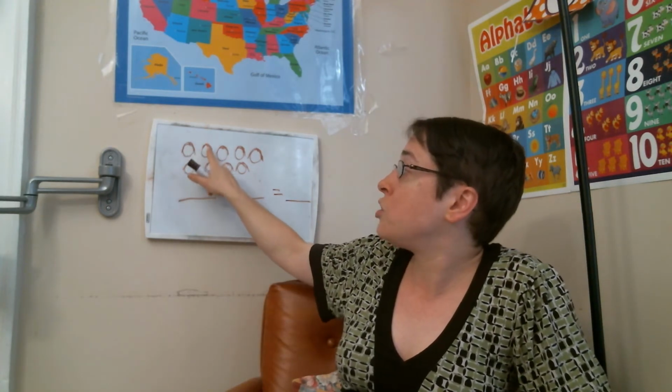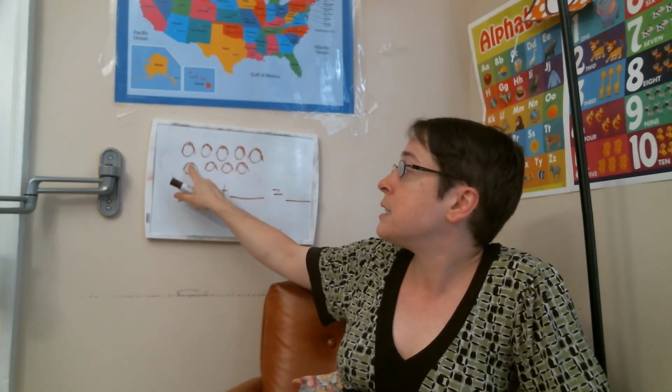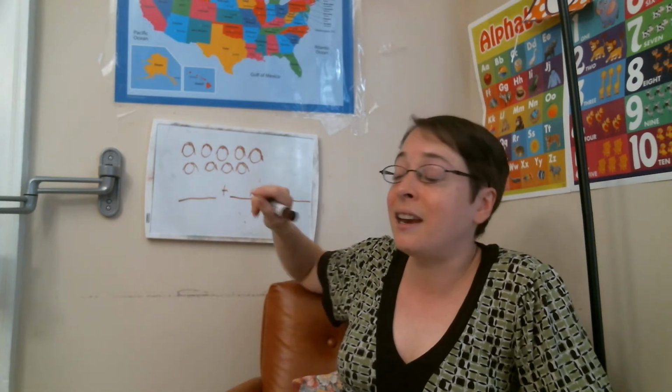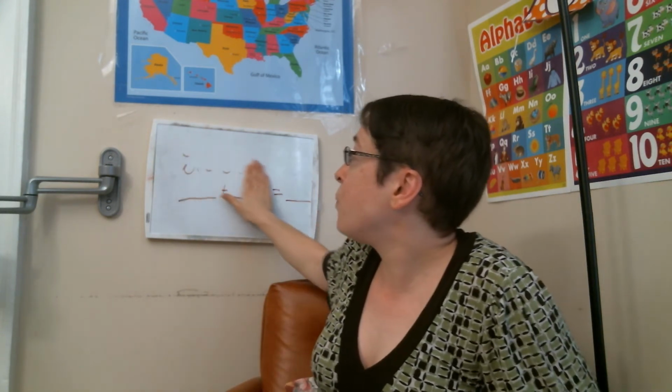Let's count them. 1, 2, 3, 4, 5, 6, 7, 8, 9. So we can say that in a sentence. 5 and 4 equals 9. Very good.